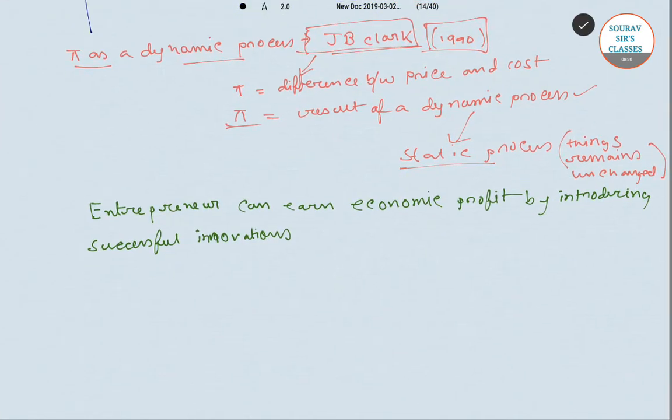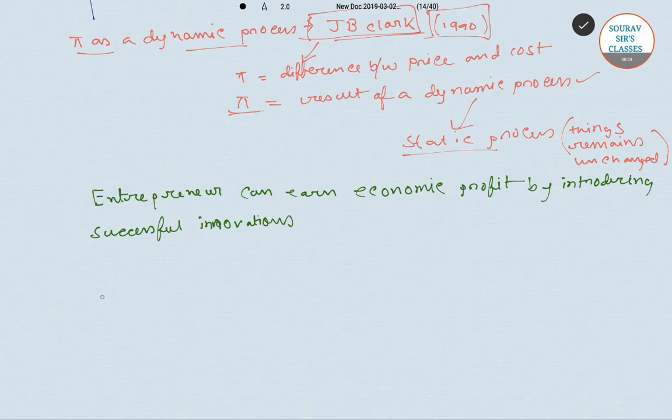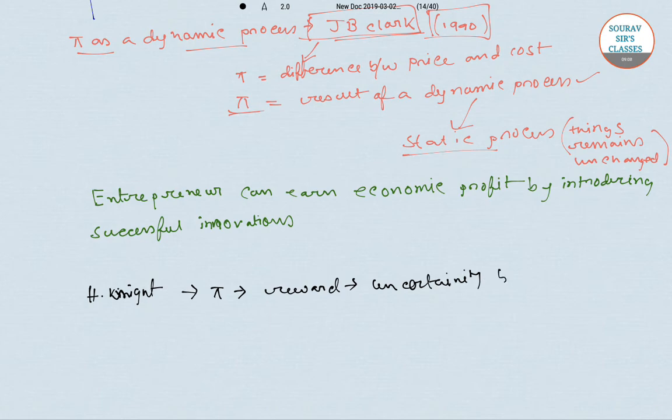According to Knight, the theory of profit was proposed by F.H. Knight, who believed that profit is a reward for uncertainty bearing, not risk bearing.